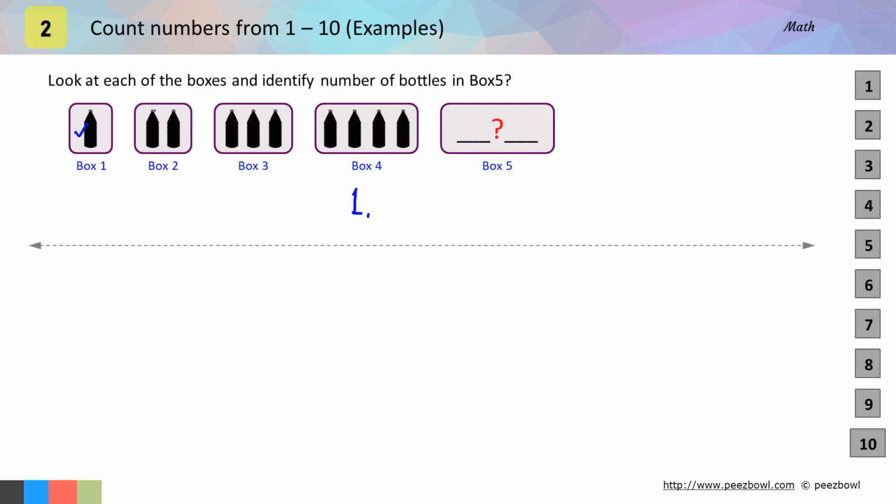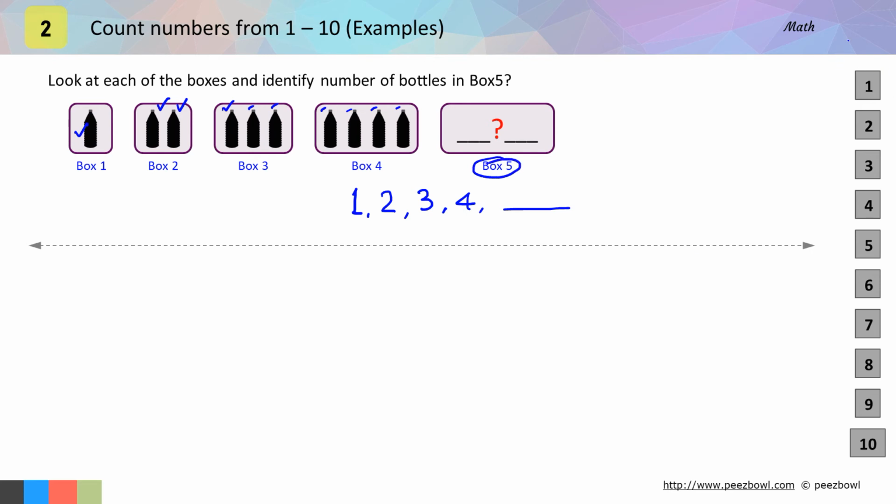In the second box we have 1, 2 bottles. In the box 3 we have 1, 2 and 3 bottles. In box 4 we have 1, 2, 3 and 4 bottles, and after that we need to find out number of bottles in box 5.